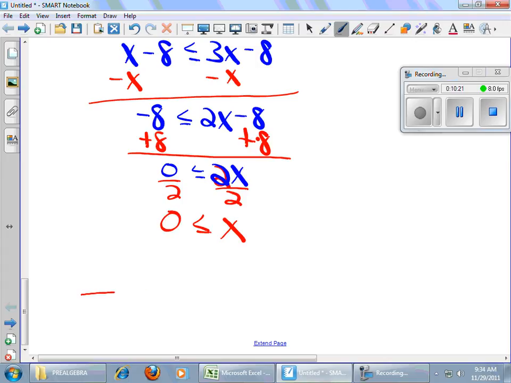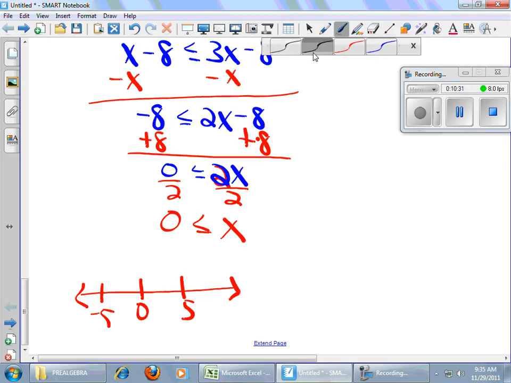And there we go. And now I can do my number line. I'll show 0, 1, 5, and -5. Go to do my shading. It will be a closed point at 0 because it's an equal to right there. And 0 is less than or equal to x. The numbers greater than 0 are this way. So there we go.